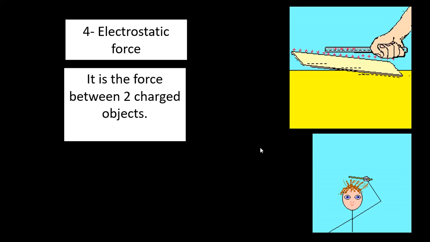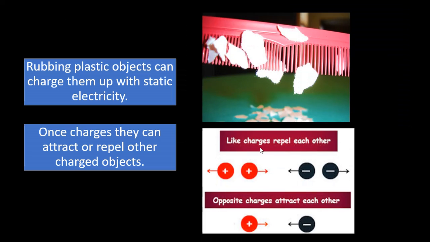These charges are actually present inside the substance, but when you rub it, the charges come to the surface. The positive charges attract the negative, while positive and positive repel and negative and negative repel each other. So like charges repel each other while opposite charges attract each other, and this is a type of force.